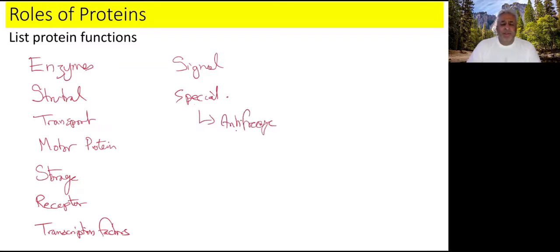Antifreeze proteins are found in the circulating blood of fish and other types of creatures who are subject to freezing conditions of the water in which they reside. So fish have proteins which can interact with ice crystals to prevent the ice crystals from growing and therefore killing the cells in that organism. And the example goes on and on and on. But if you can remember maybe 5 or 6 of these, you will be doing a great job.